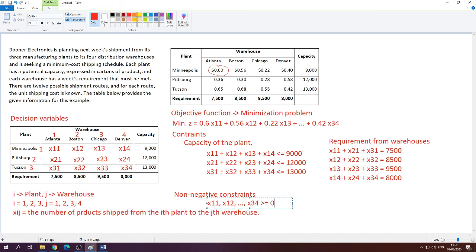Since it is an electronic product, I'm not sure if we need to put an integer here, but let's assume we cannot divide electronic products, so it should be 1 radio, 2 radios, 3 radios, or if it is a computer, then we cannot have 0.5 computers, so the decision variables must be integers also.